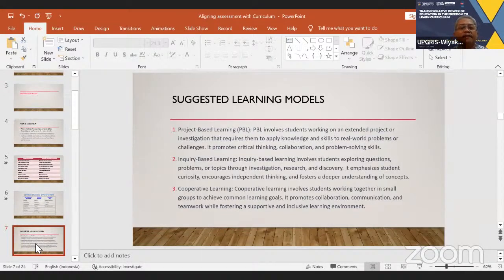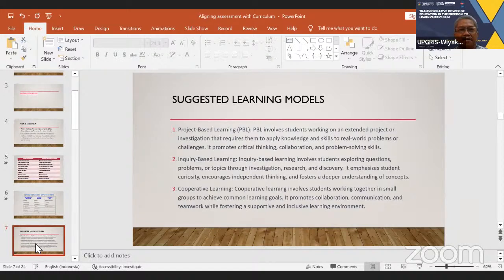The third model of learning suggested by the new curriculum is the so-called cooperative learning. Cooperative learning involves students working together in small groups to achieve common learning goals. You are probably familiar with the 4 C's.